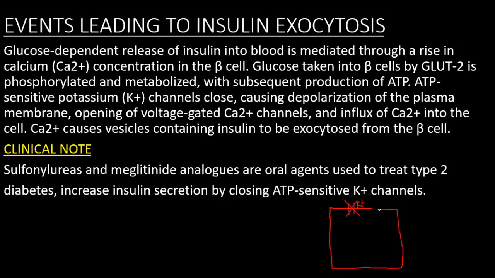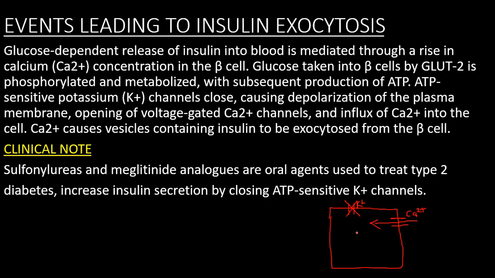Once closed, it will lead to depolarization of the cell membrane, and once depolarized, there will be opening of the voltage gated calcium channels, and there will be calcium influx. Calcium will move from the extracellular space into the cytoplasm.